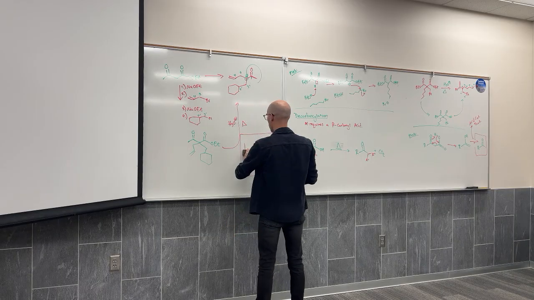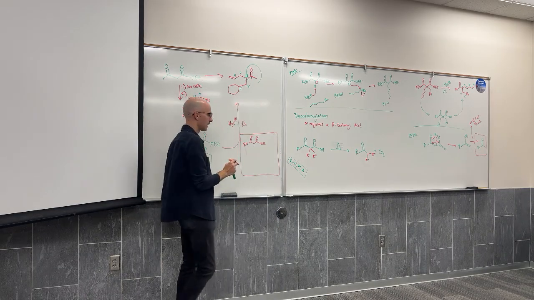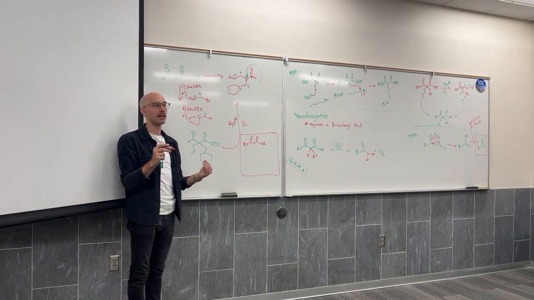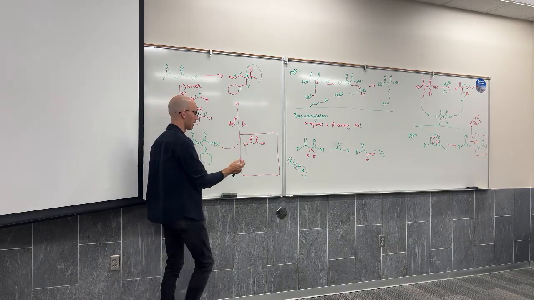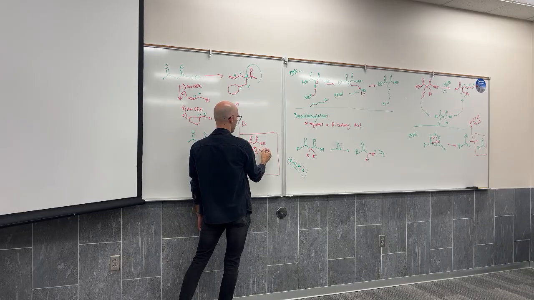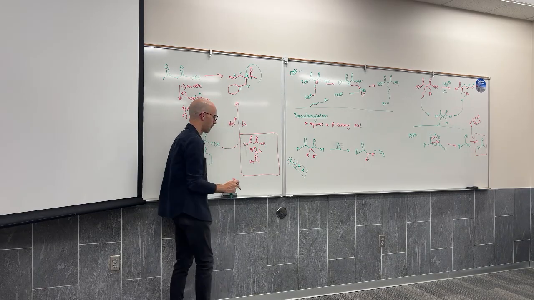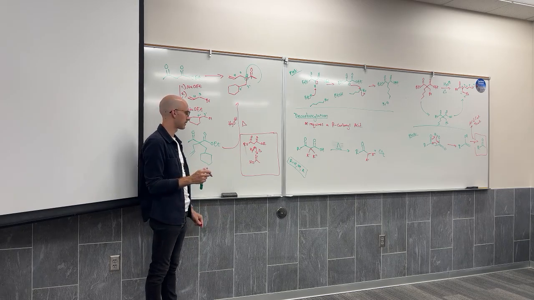If we start with malonic ester, and we hydrolyze it, we get malonic acid. It's the same carbon chain, but now it's a carboxylic acid. And if we decarboxylate malonic acid, I'm left with just a carboxylic acid.